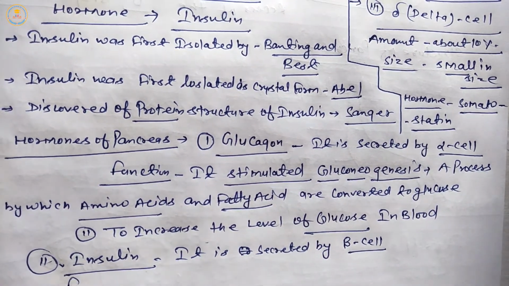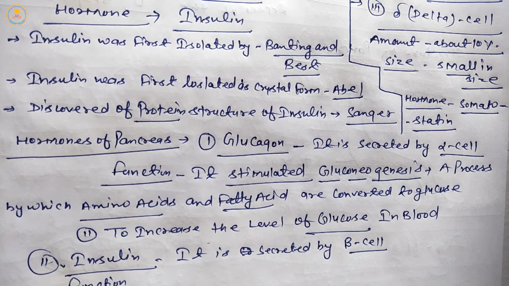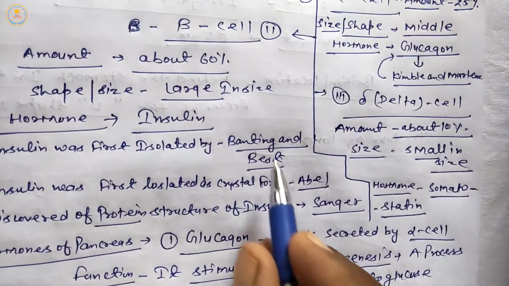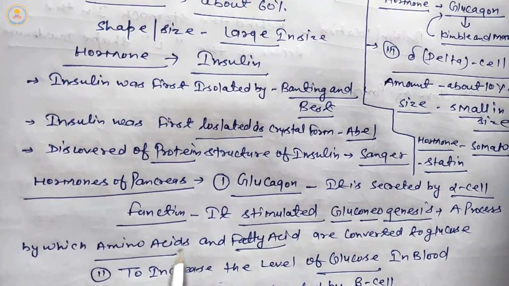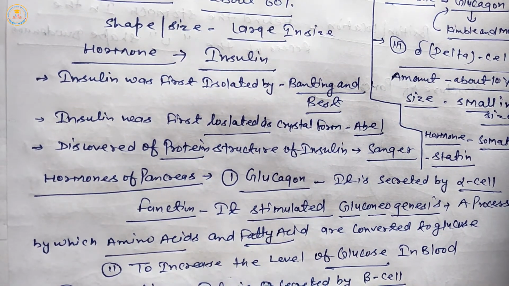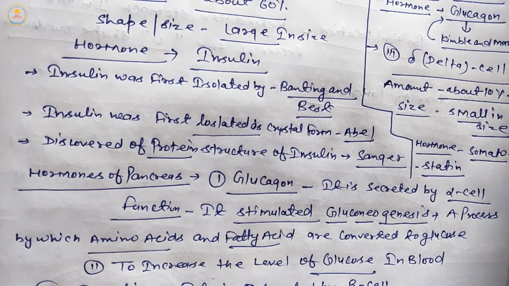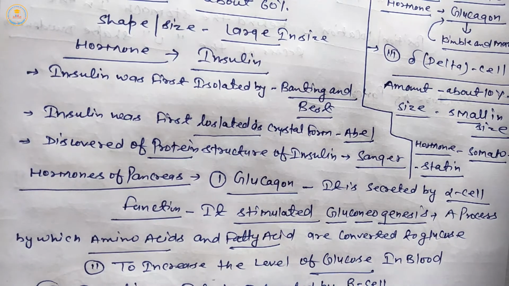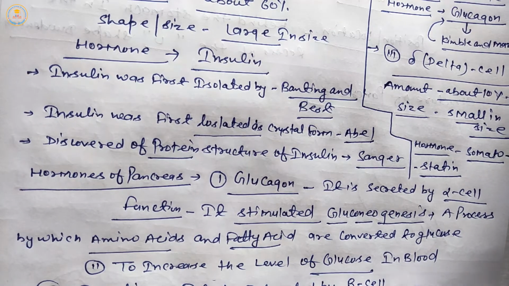It was first isolated by Banting and Best, first isolated in crystal form by the scientist Abel, and its protein structure was discovered by the scientist Sanger. Next, its function is to decrease the level of glucose in blood.